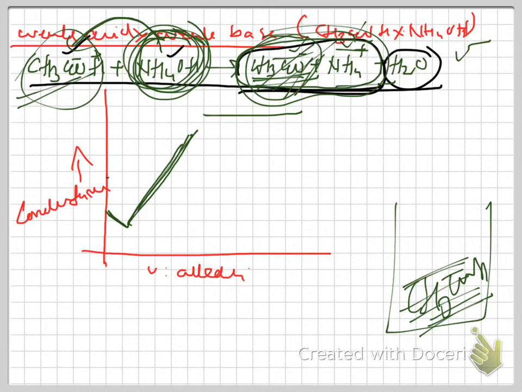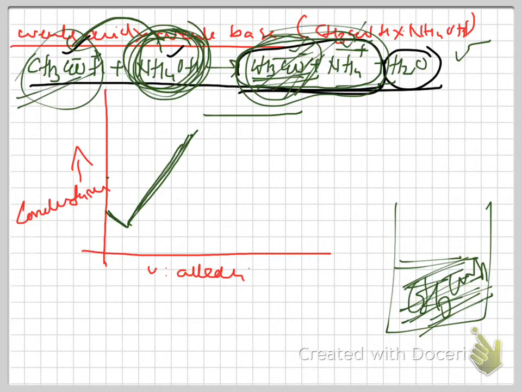We don't know where actually the end point is because there is no indicator or color change. After the end point, without having any idea, we are again adding NH4OH. Then the solution becomes rich in ammonium hydroxide instead of acetic acid.